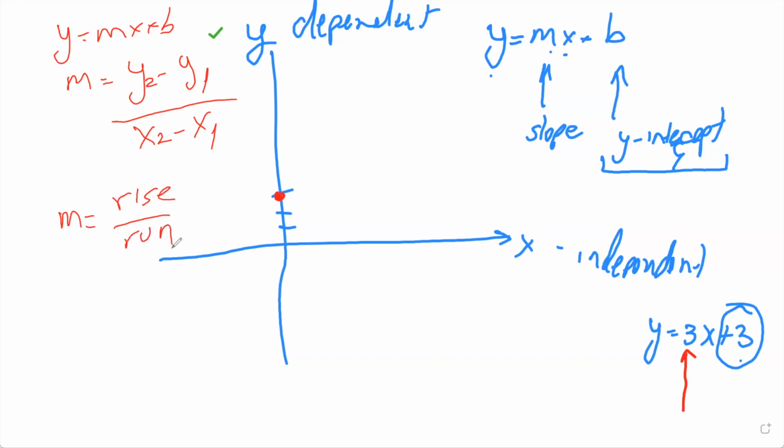Now, let me explain what rise means and what run means. When I climb stairs, my rise is how high I go, and my run is how far I go.